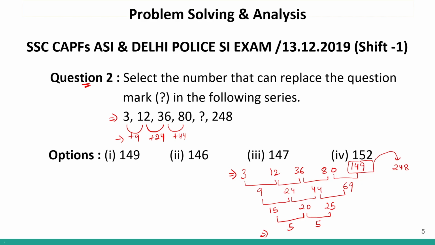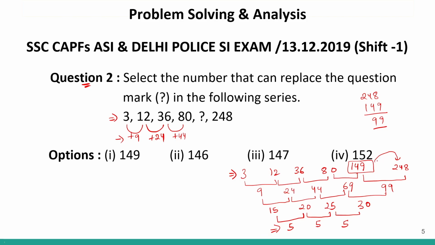To check it with 248, first 248 minus 149 will give me 99. So the difference between these two terms is 99. Now the difference between the previous two terms is 69, and the difference between 69 and 99 is 30, and the difference between 25 and 30 is 5. So this last term is logically correct in all the terms.